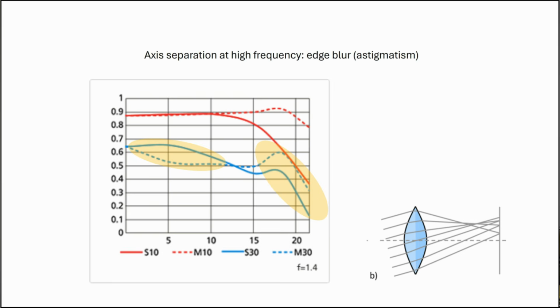So if we see a great separation of more than 10% of the overall contrast on the resolution line, we can confidently assume that resolution will not be perfect even at smaller apertures.